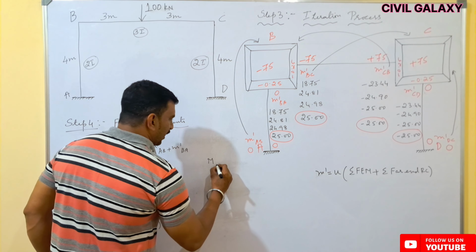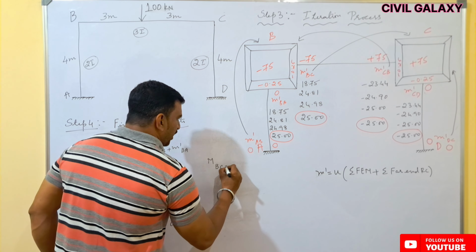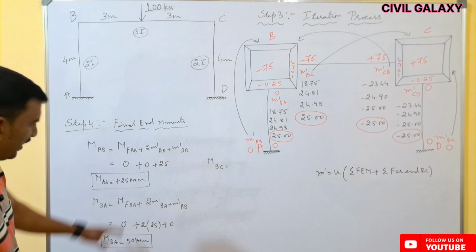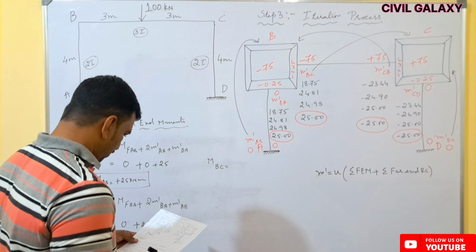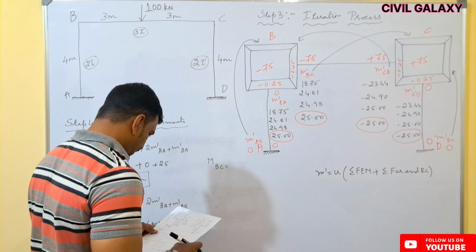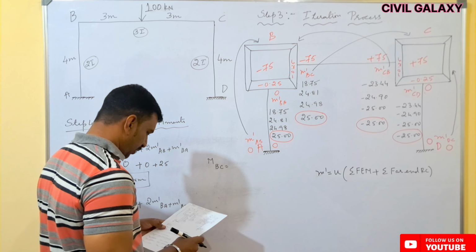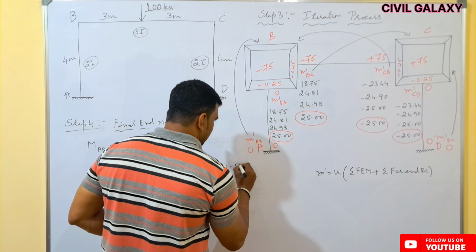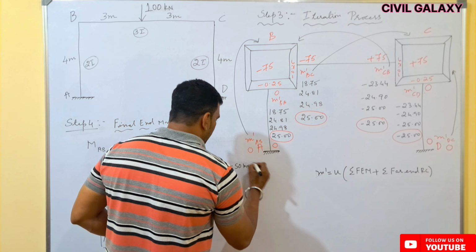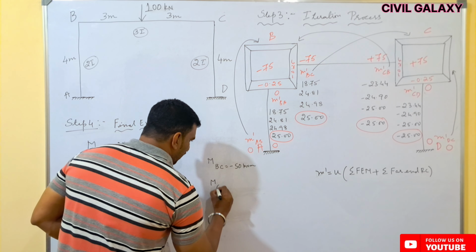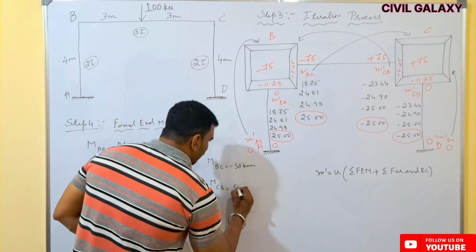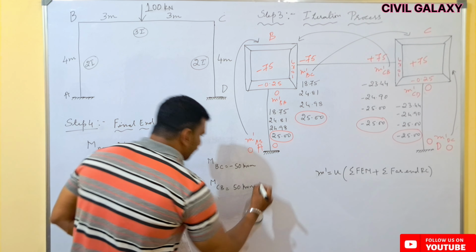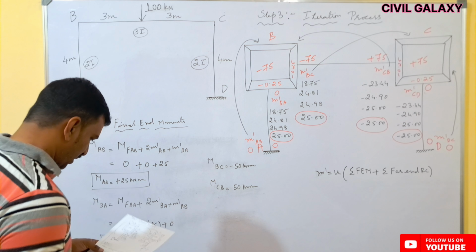In the same way, we go on calculating, applying the same formulas for each span. For member B to C, we have a value of minus 50 kilonewton meter, and the moment from C to B is 50 kilonewton meters.